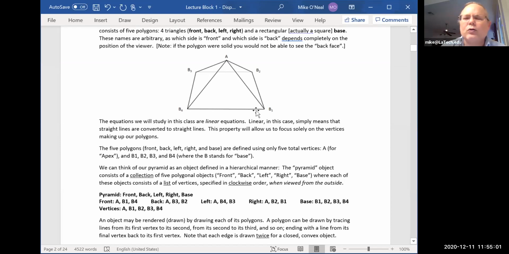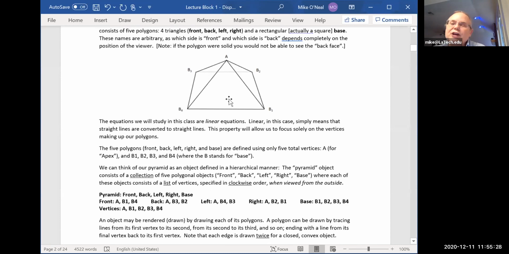And I said that saved you orders of magnitude of speed. Well, what if I wanted to take this pyramid and rotate it? Do I have to rotate every single point along? No. I can just rotate the vertices and draw the polygon in 2D space, and you'll get exactly the same thing as if you had rotated every single point along every single edge.